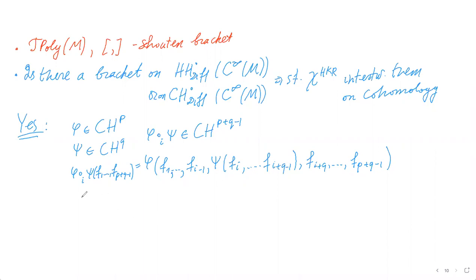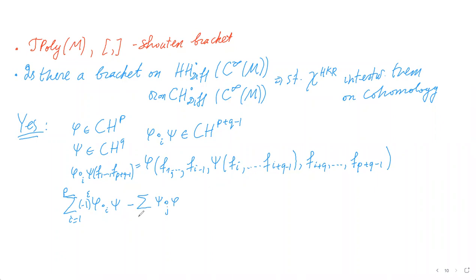And then we just take the alternating sum of phi circle sub i psi, sum over i from 1 to p, with some signs. I'm not going to speak about the signs because they're a bit tricky. Not very tricky, but I don't remember them at the moment. I can find this pretty quickly, but not right now. And subtract a similar sum with the roles of phi and psi exchanged.